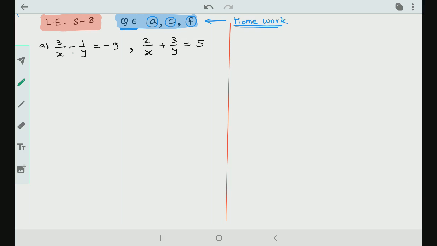So what I understand here is the question is becoming difficult, because till this time the x and y in the equations were a bit simpler, but in this question, question number 6, the equations look very critical. You can see x is in the denominator, y is in the denominator. Oh, what can I do?